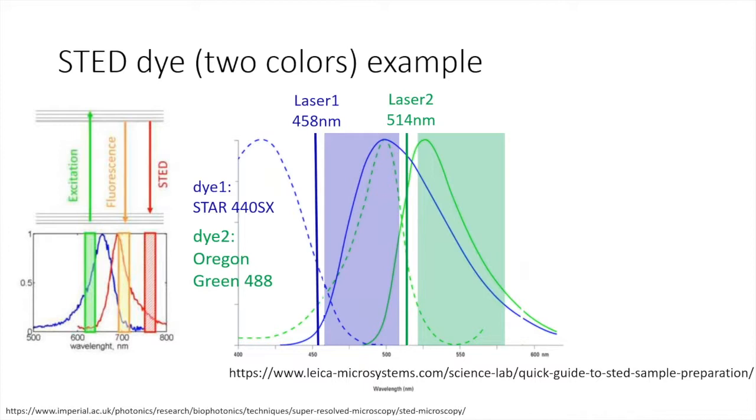And since their fluorescence spectra have overlap at the tail region, they can use the same STED beam for depletion. So this is another way you can choose your chromophore to do the STED imaging.